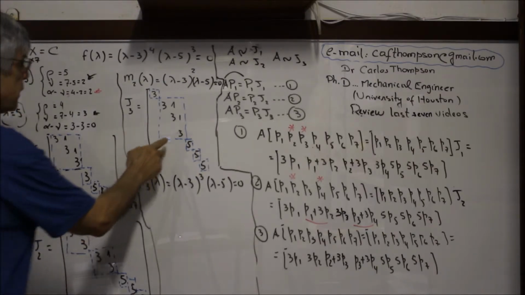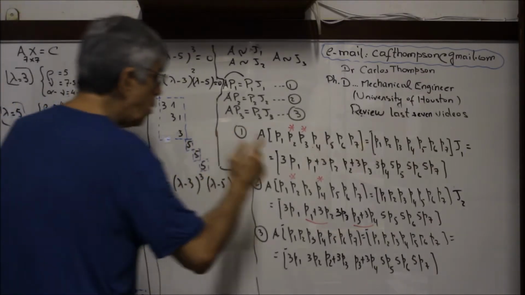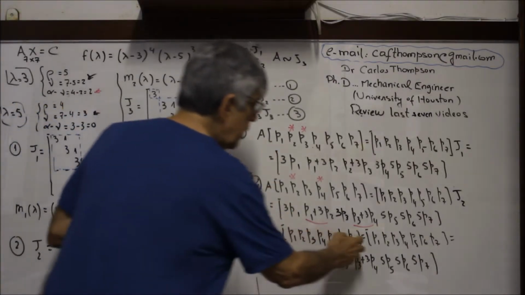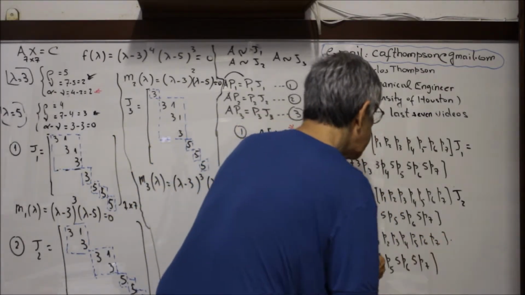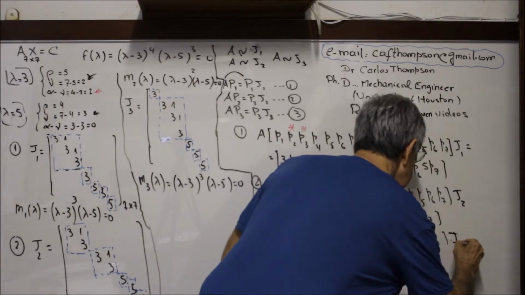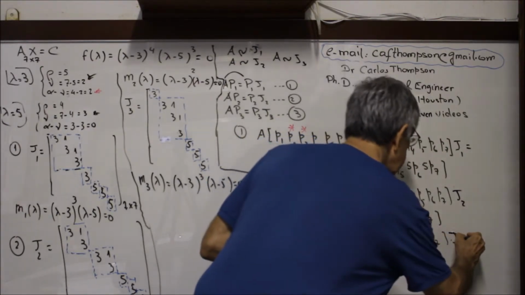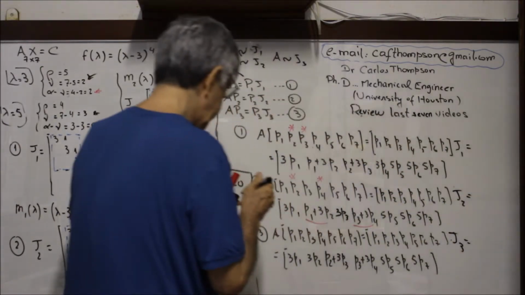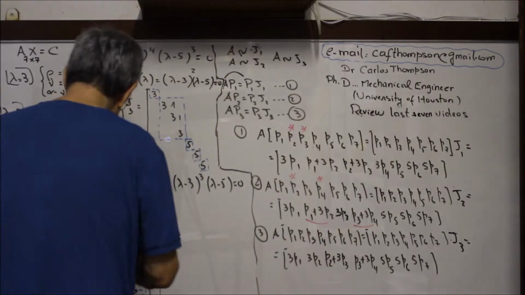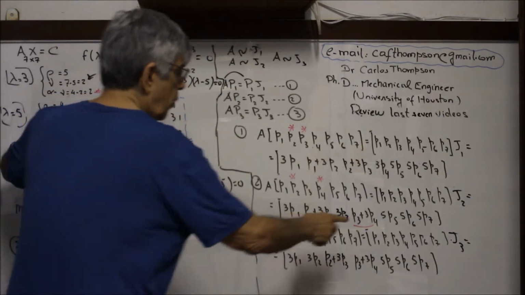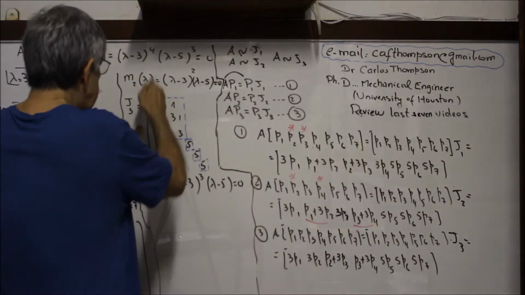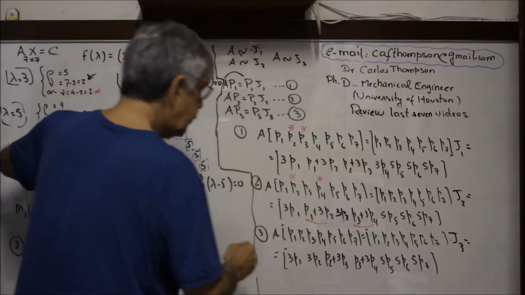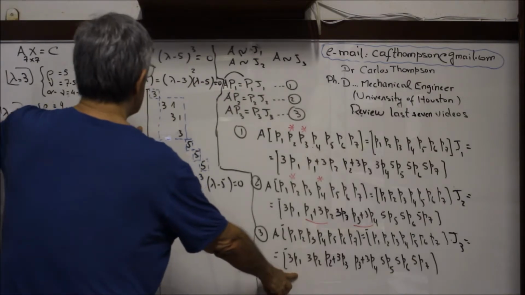Now, for the third case, let's multiply P times J3. J3 is equal. Now, in this case, when you multiply this row by this column, we have 3P1.